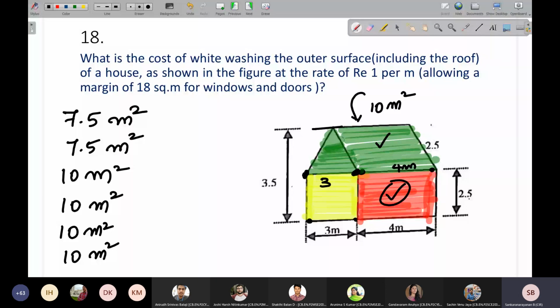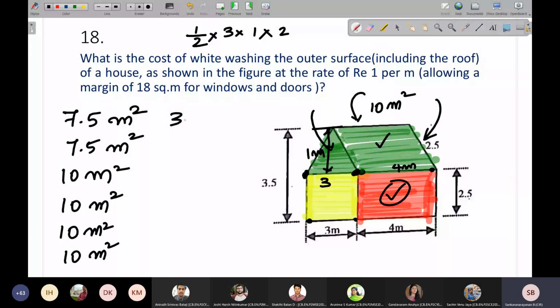The area of one triangle is half into base into height. There is a triangle this side and a triangle this side as well. So two triangles can be considered. The total area pertaining to these two triangles comes to 3 meters square.